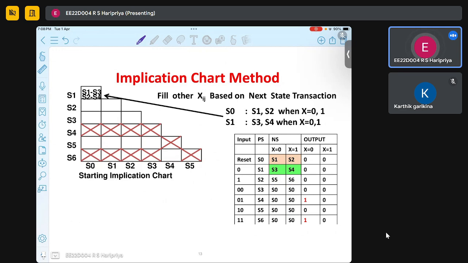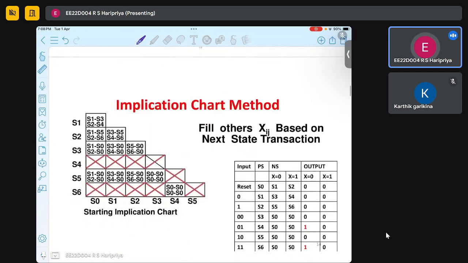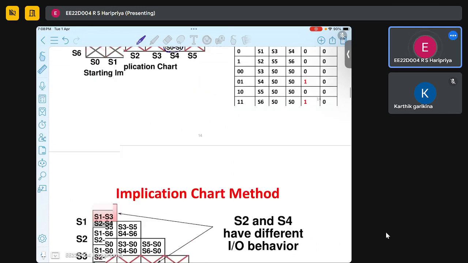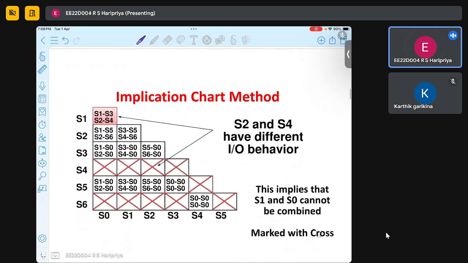So next step. Will S1 be equivalent to S0? Yes, if S1 is equivalent to S3 and S2 is equivalent to S4, then there are chances that S1 is equivalent to S0. So in a similar way, we fill in the equivalents for all the states. Now we observe that this is the same. So this is always possible. This is possible. So in this way, we will start. First, it is given that S1 should be S3.